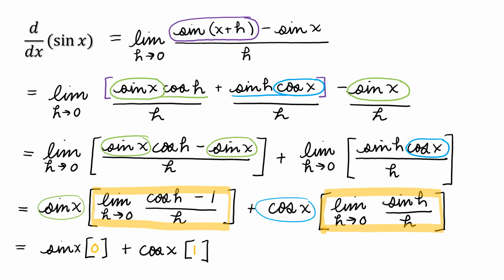So we have sine of x times 0 plus cosine of x times 1, which leaves us with just cosine of x. So the derivative with respect to x of sine of x is equal to cosine of x.